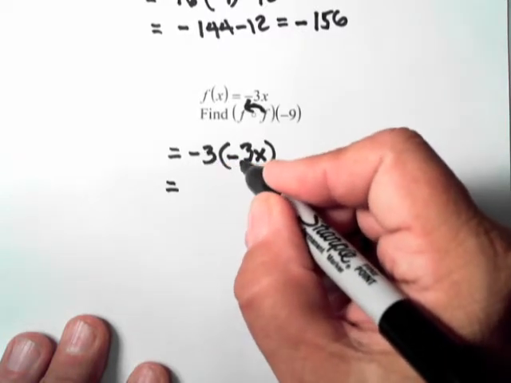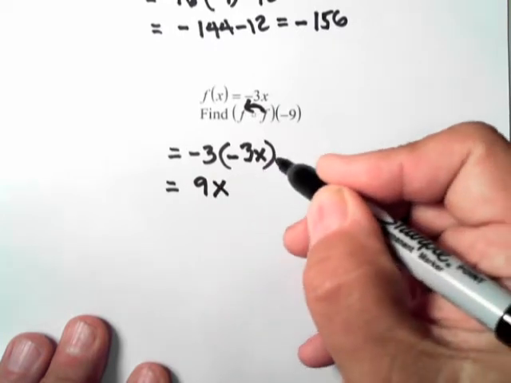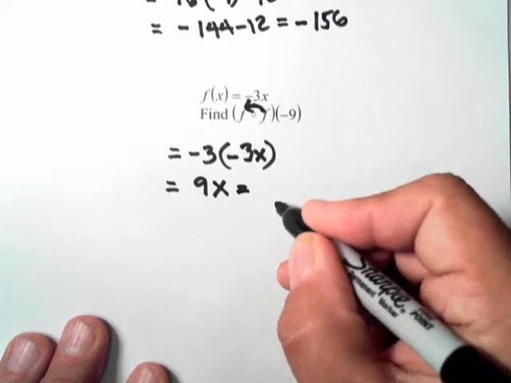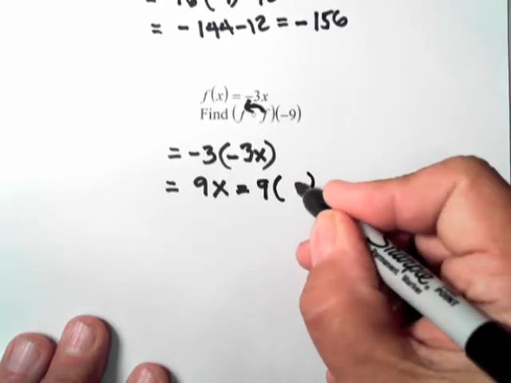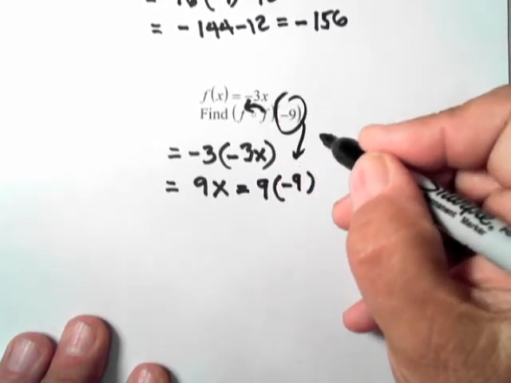Negative 3 times negative 3 is positive 9, so we had 9x here when we clean this up. Now, of course, let's substitute in. I got the 9 in front. The x we want to have negative 9. Okay, that's this guy right here.